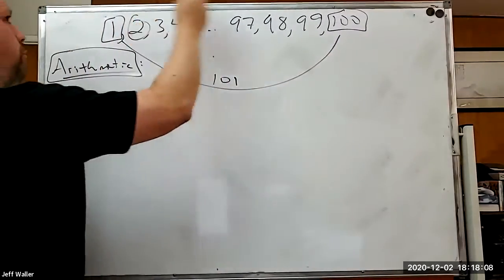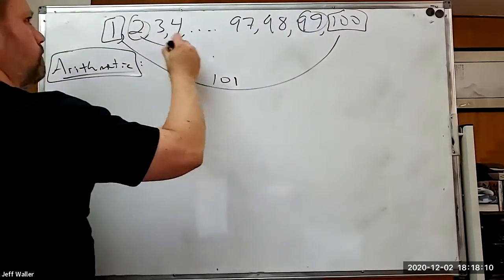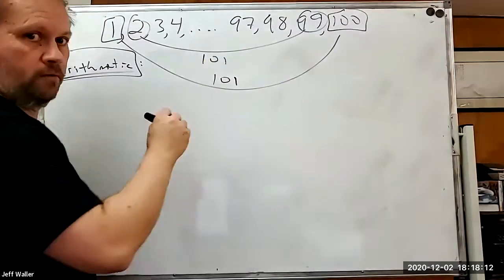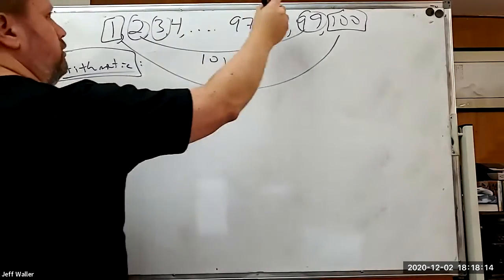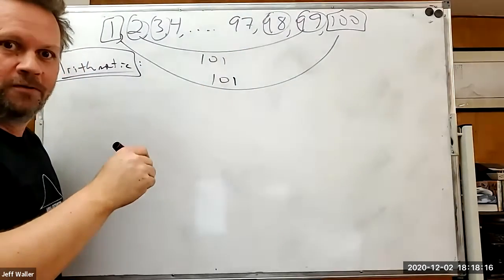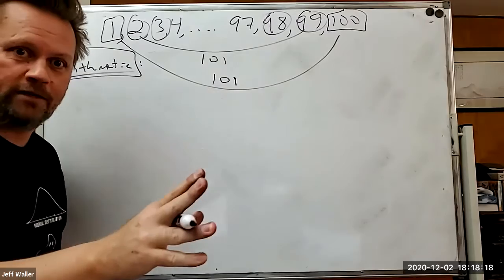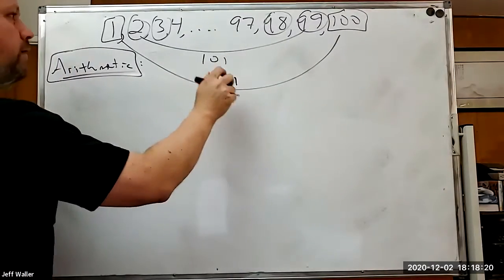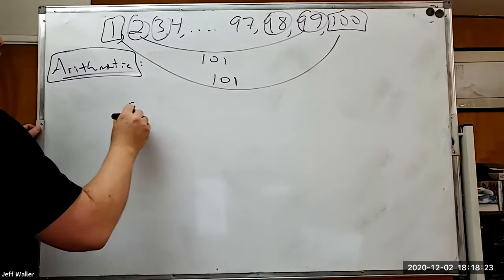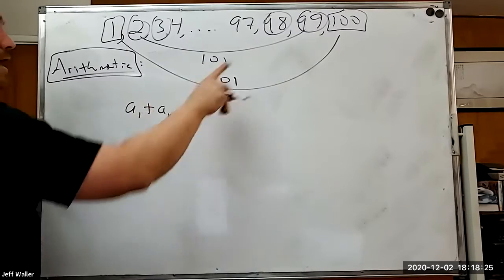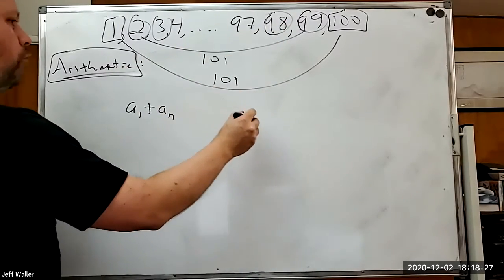What is 2 plus 99? 101. So what's the repeated sum? It's A1 plus AN, the last one, and that's 101.